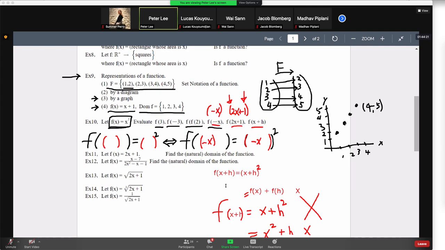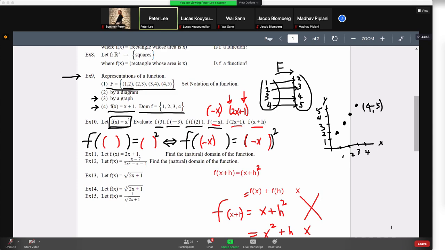So don't do any of these weird things. You just replace x by x plus h. And when you make a substitution, replace x with x plus h in parentheses. So whenever you make a substitution, always use parentheses. All right? Okay, any questions on example 10?